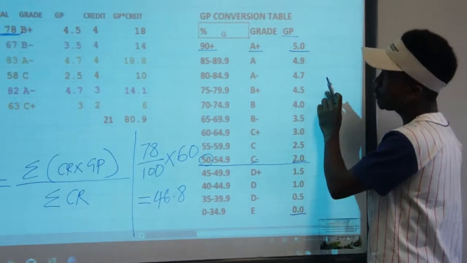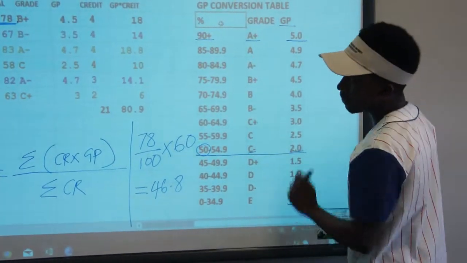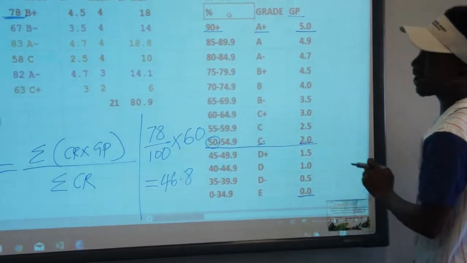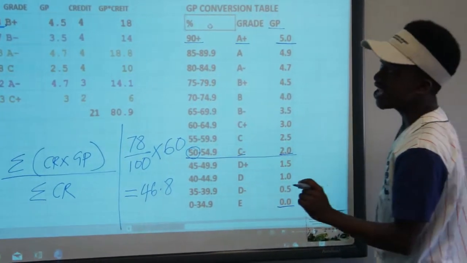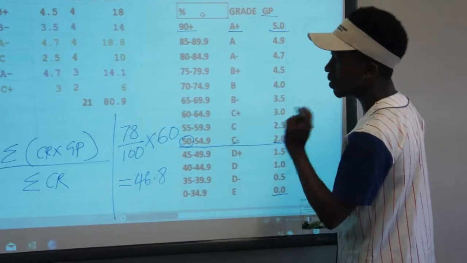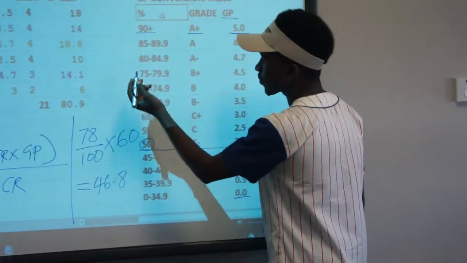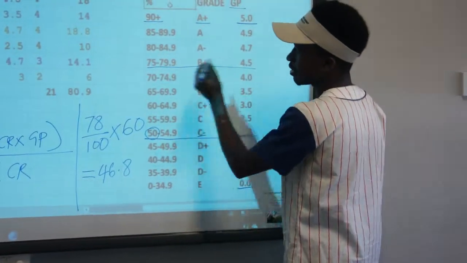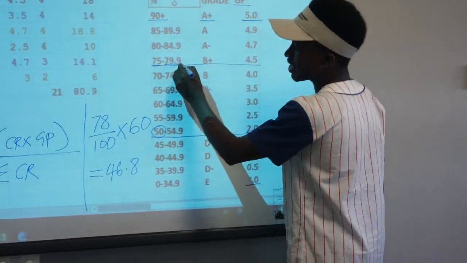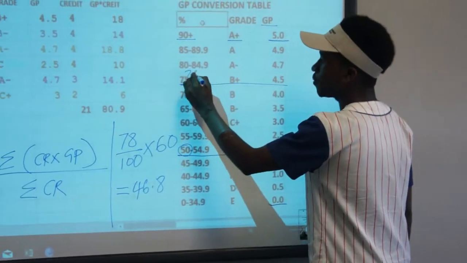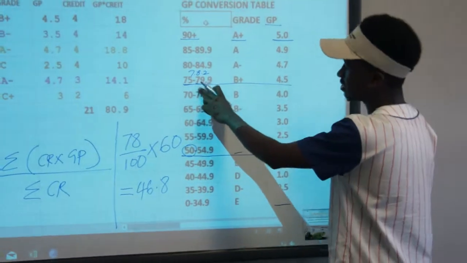So for mathematics, your final mark combining your CA and your exam mark gave you 78.2, and 78.2 falls in this bracket. Because it's 75 to 79.9, that means 78.2 is within this bracket.